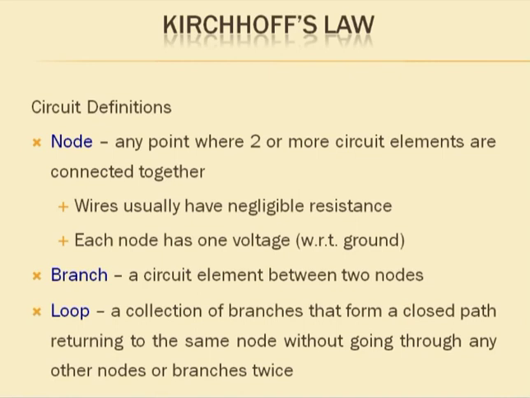So if we start our journey from one node, travel through several branches without repeating any node or branch, and come back to the node from where we started, then it is known as a loop. We are going to discuss this.